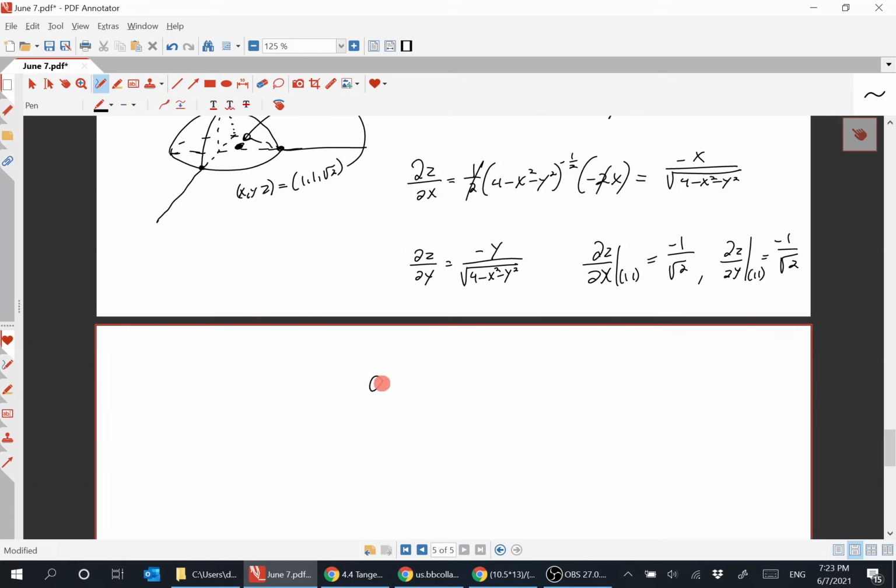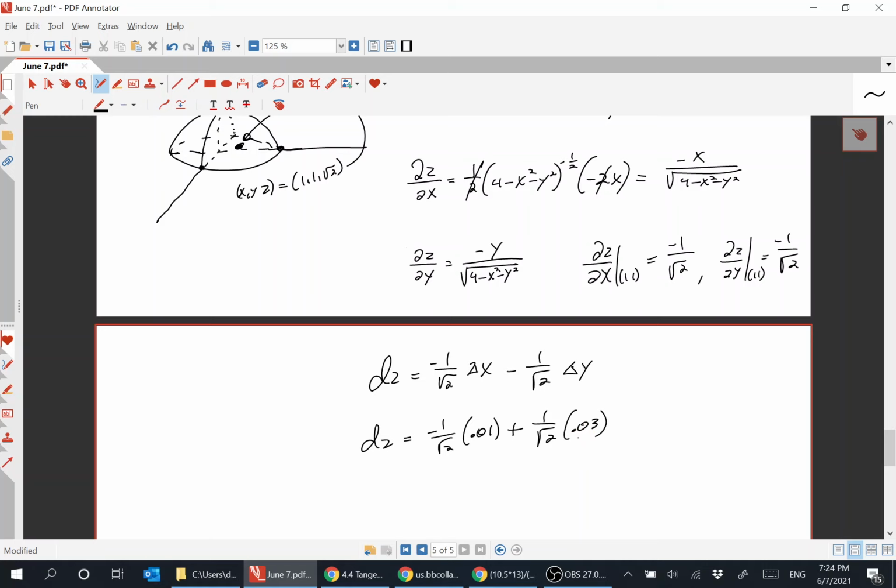So the total differential dz is minus 1 over root 2 delta x minus 1 over root 2 delta y. So in this case, dz is equal to minus 1 over root 2 times 0.01 plus 1 over root 2 times 0.03, because delta y was negative.